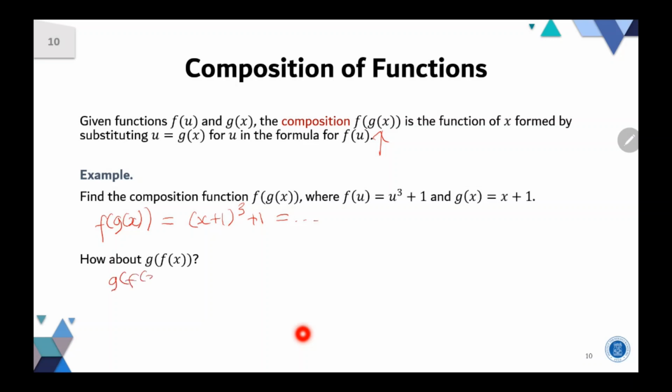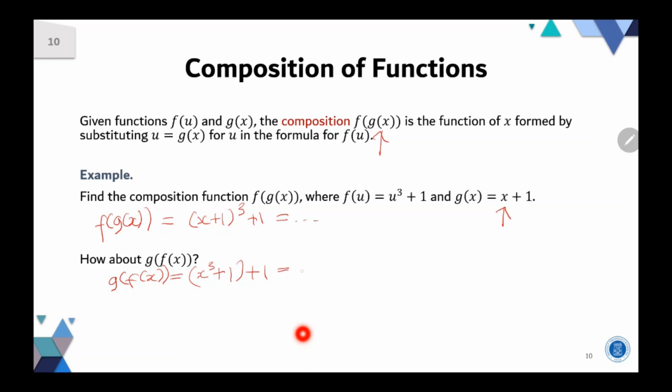Okay, so now we have here g of f(x). This one should be equal to, we substitute f into g. So what is it? So x here, substitute into that one. So we have x to the power of 3, but now we have to use x, yeah, because this is f(x), not u. Plus 1, and then plus 1.